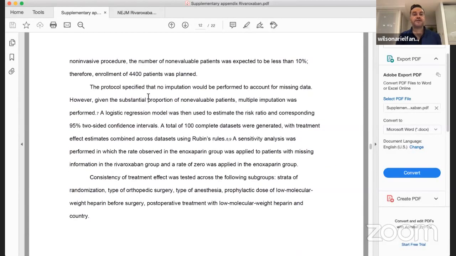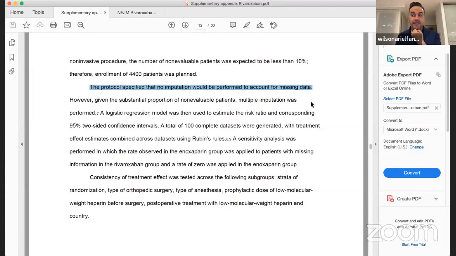Okay, so the protocol specified that no imputation would be performed to account for missing data, which I think wasn't really appropriate, because they were recruiting 3,600 people, so you have to have a plan for this. In my opinion, this is a little bit wrong. They didn't have any plan for missing data.